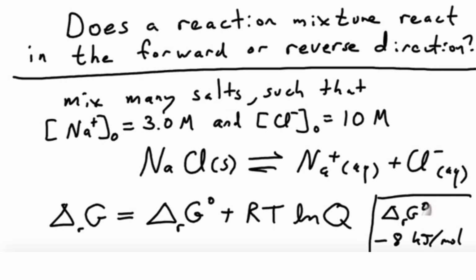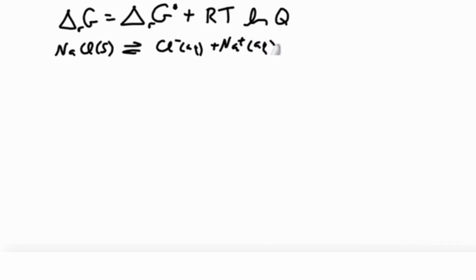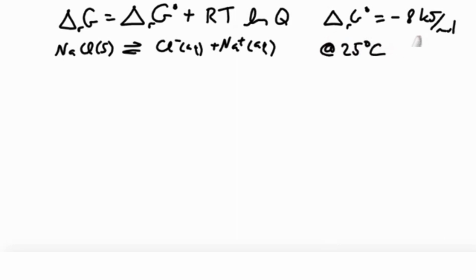Okay, so let's use delta G standard and our Q to find delta G and see which way this reaction is going to go. So we've got a reaction, and we said we already knew that the delta G standard was -8 kilojoules per mole. And let's assume that we're working at 25 degrees C. That wasn't given in the problem statement, but we can't do the problem without it, so that would actually have to be given as well.